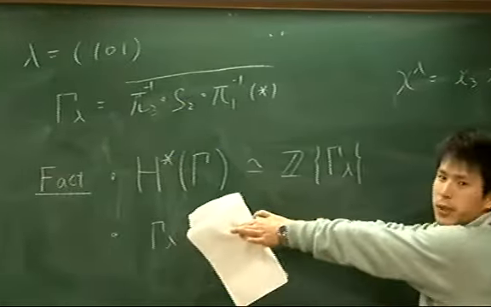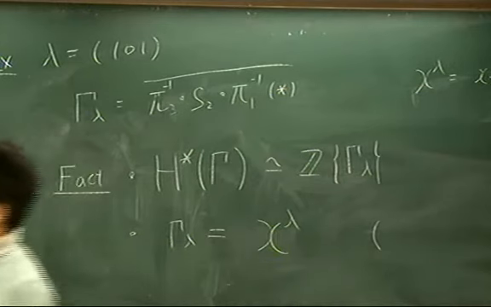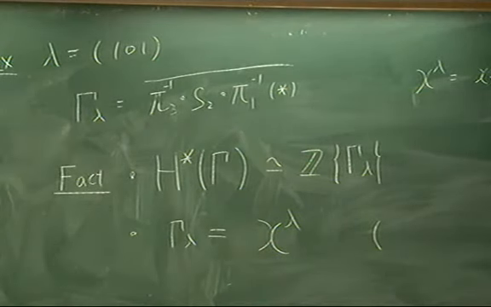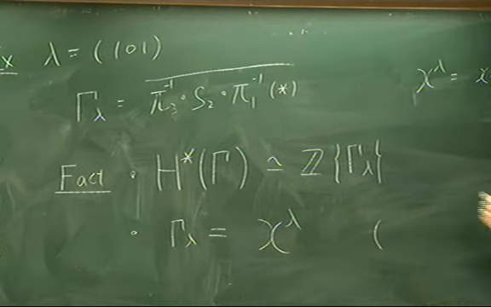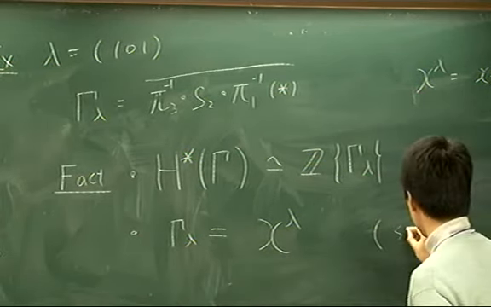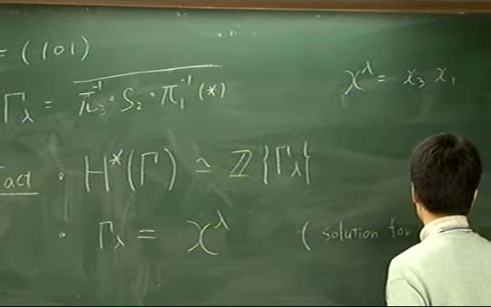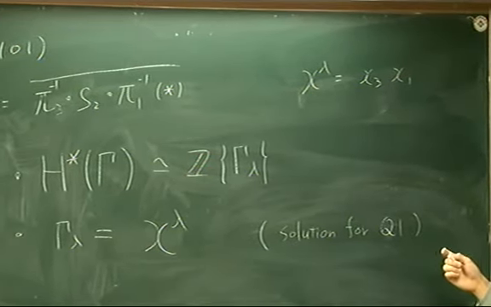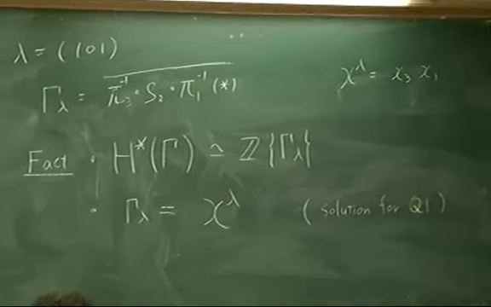This setting is very similar to Schubert calculus. We have a polynomial representation for the cohomology and also a basis for the cohomology. And this means we have a solution for Q1. What is Q1? Find a polynomial representative for each basis.